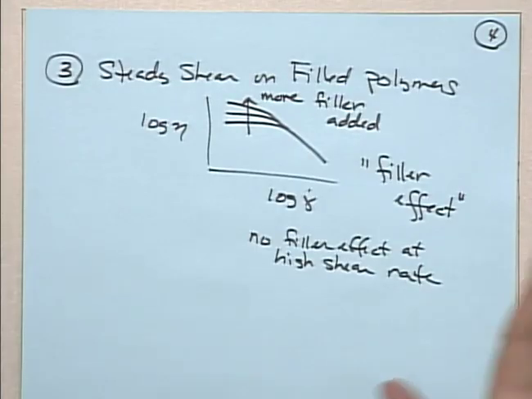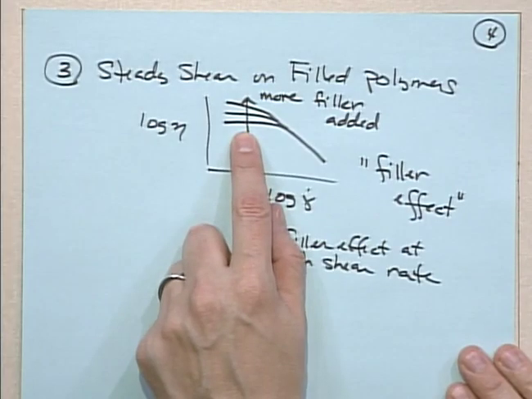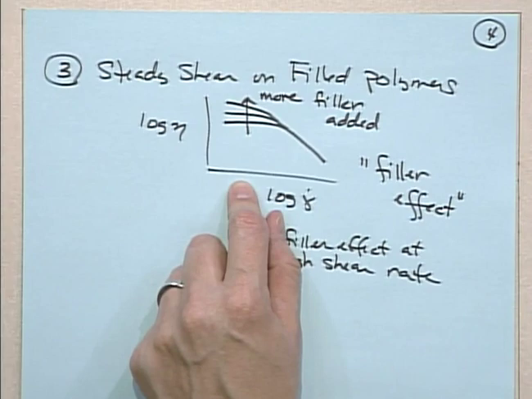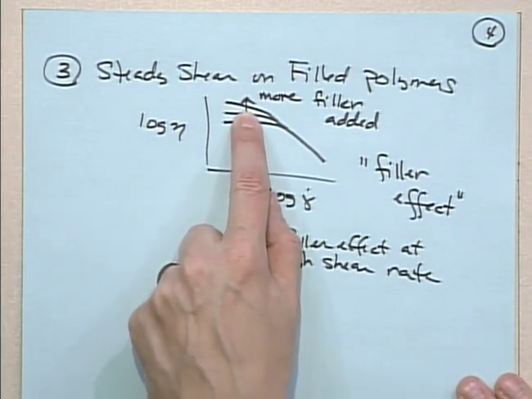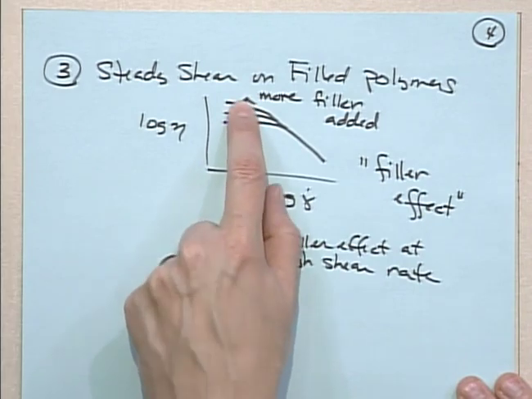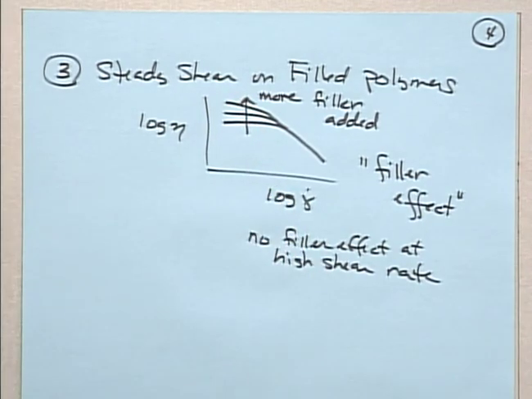But there's no time during that rapid shearing for any structures to form and persist. But at low shear rate, because you're not pulling them apart very rapidly, they're able to form interesting structures, and those structures have a certain strength, and that's the tendency of the viscosity to rise.